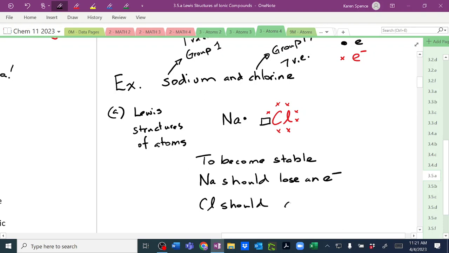Chlorine should gain an electron. So, wouldn't that be nice if we took this little electron here and we moved it right into that spot there. So this is what I mean when I say use the arrow to show the transfer of the electron.